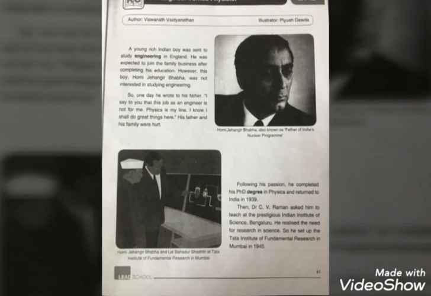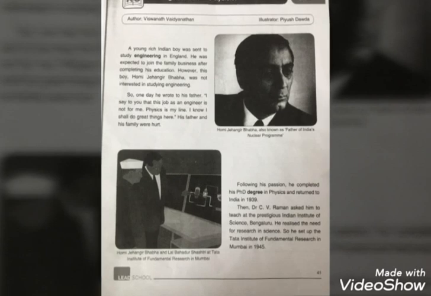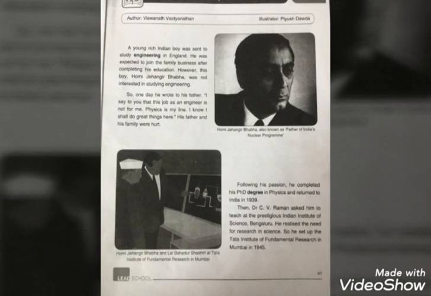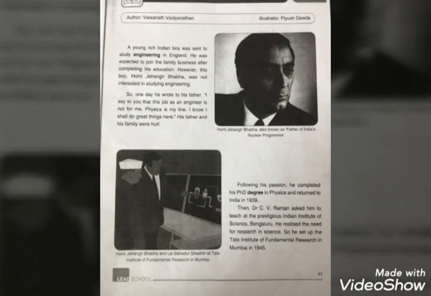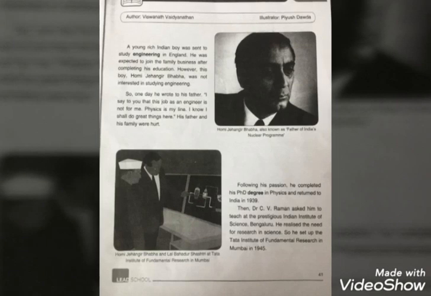However, this boy, Homi Jahangir Bhabha, was not interested in studying engineering. So one day he wrote to his father, "I say to you that this job as an engineer is not for me. Physics is my line. I know I shall do great things here." His father and his family were hurt.